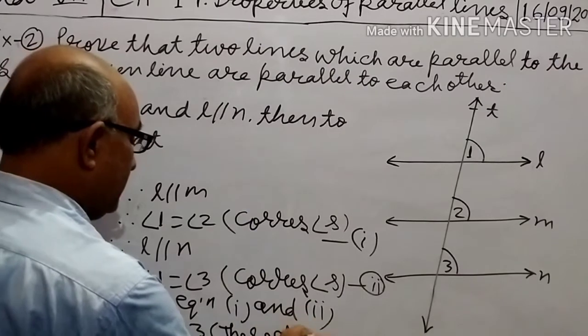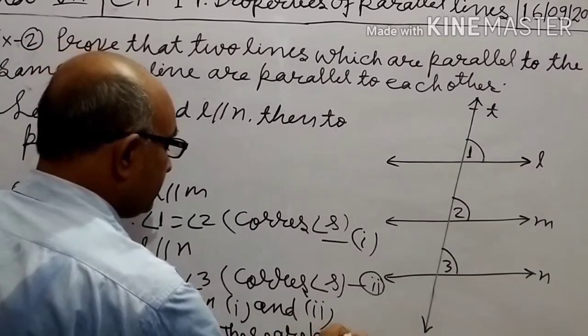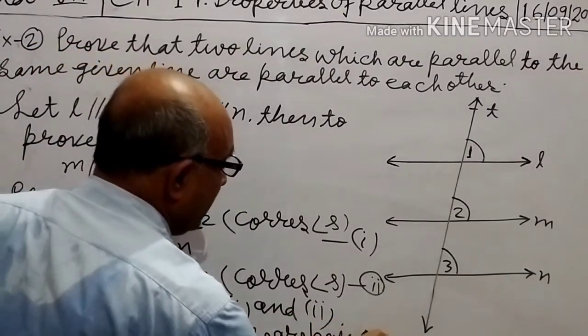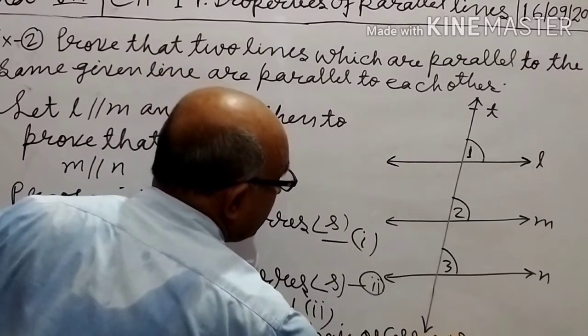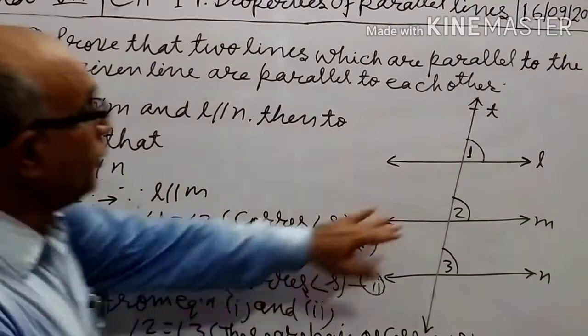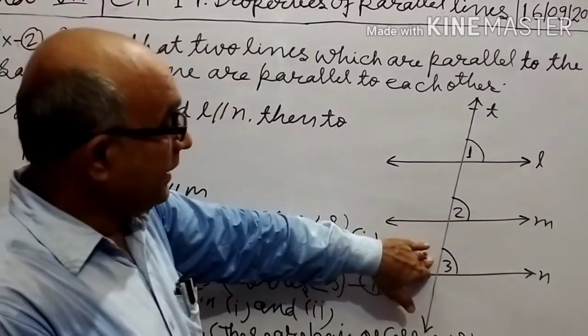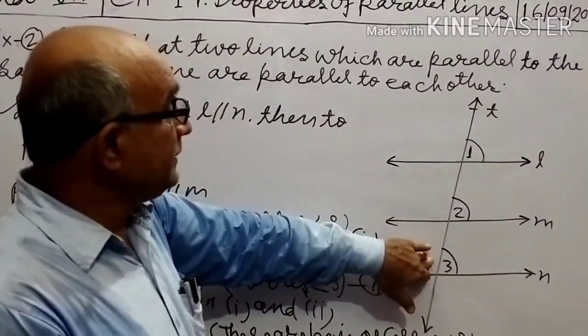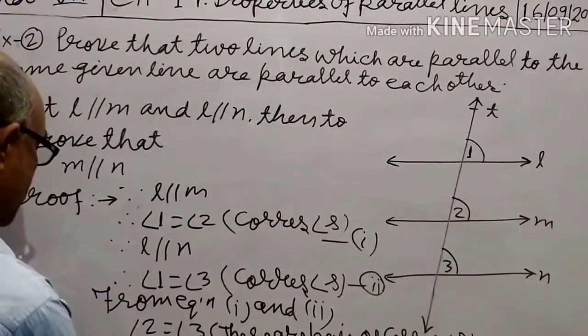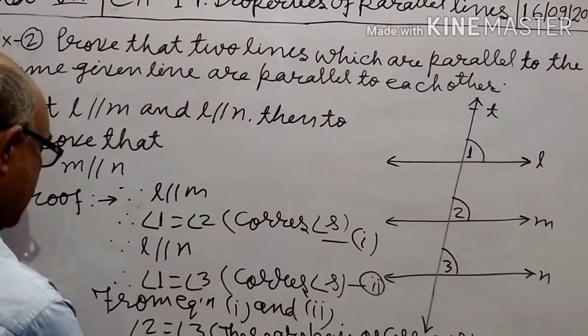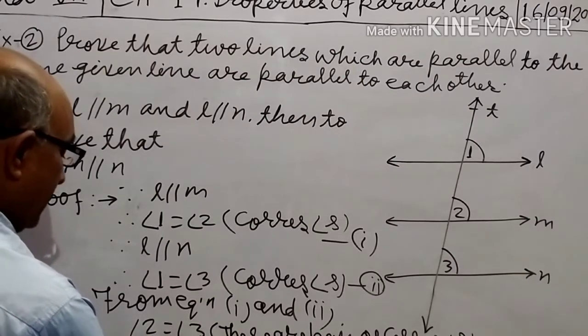These 2 and 3 are a pair of corresponding angles. So therefore M parallel N, proved.